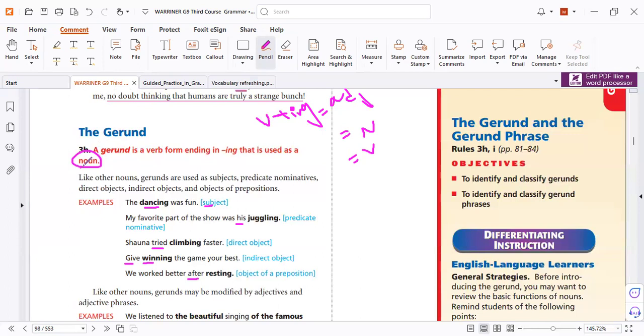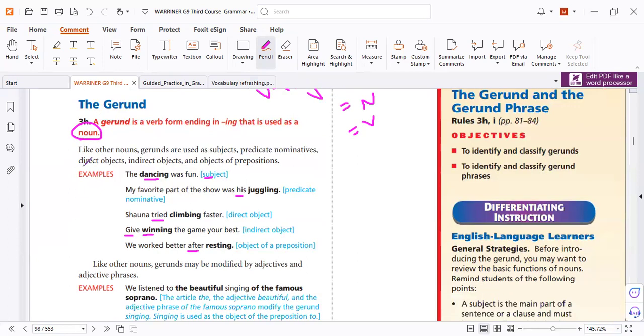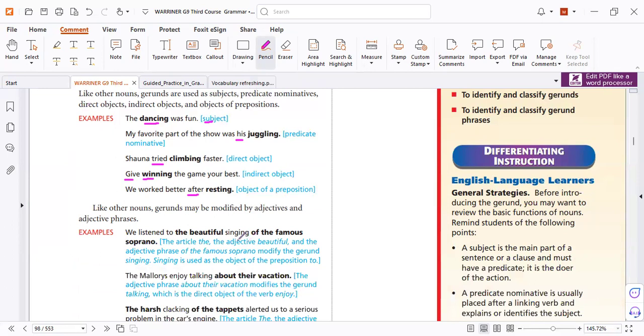Verb plus ing is a noun, yes. Do you understand it? Yes. Here again, noun, look. It's not a verb. He said the singing is a beautiful singing of the famous soprano. That's why.